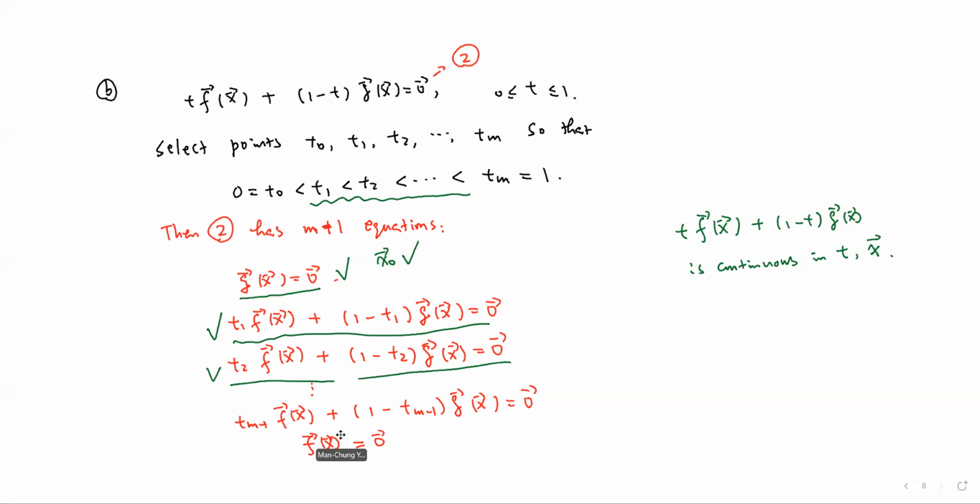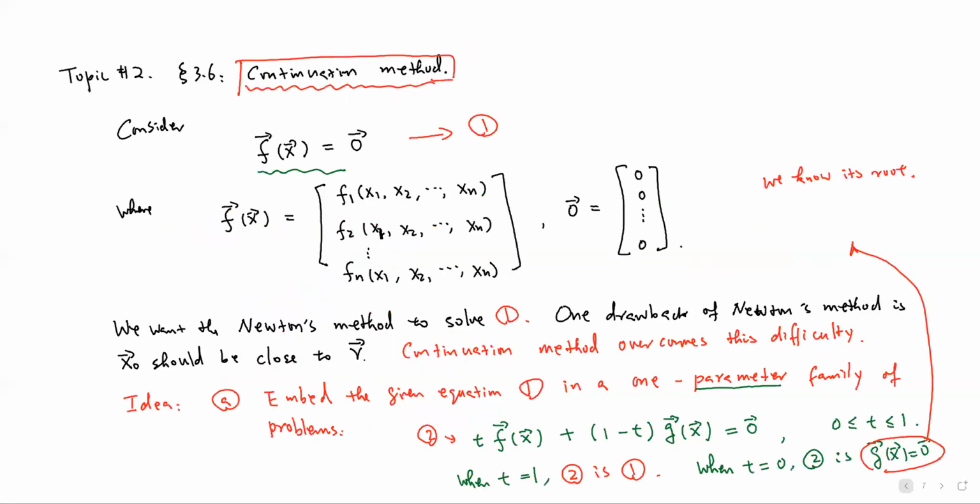After I get the solution of the second last equation, the solution should be close to the solution of the final equation. So I use it as the starting point by Newton method to solve the final equation, which is the equation given to us.